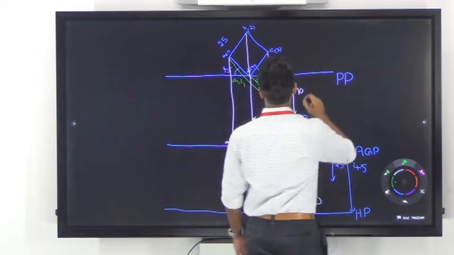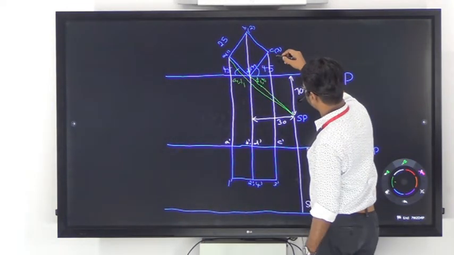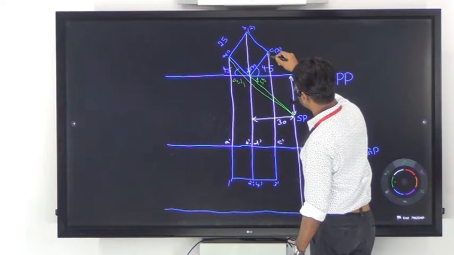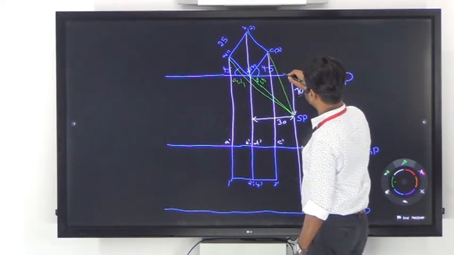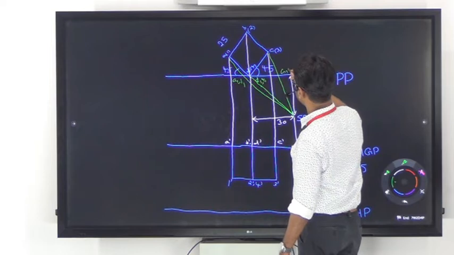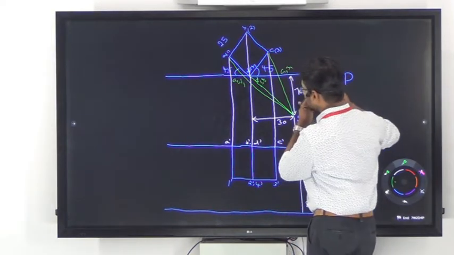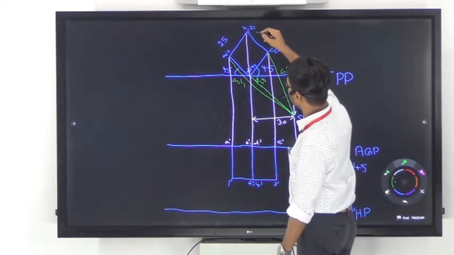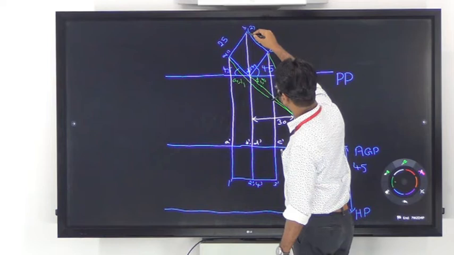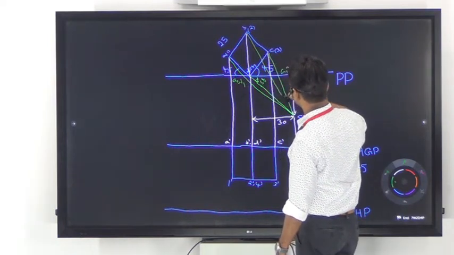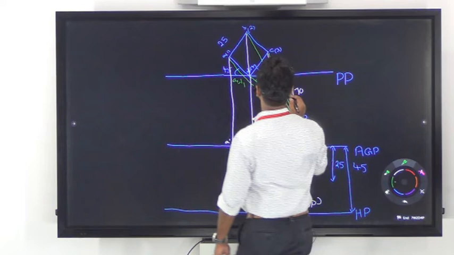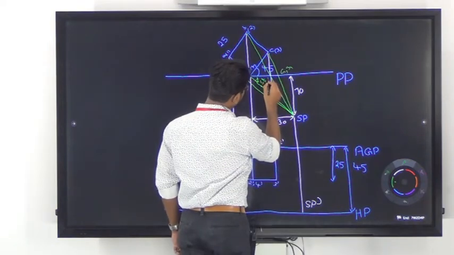Then you can join the points C and 3 with the top view of the station point, and you will get the points C1 and 3, 1. Then we are joining points B and 2 with the station point. So you will get the points B1 and 2, 1.